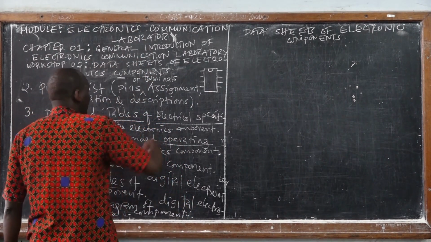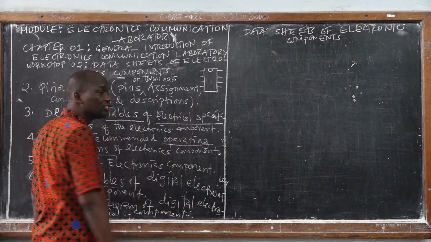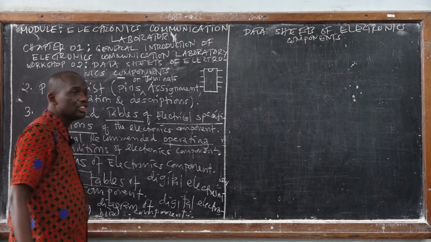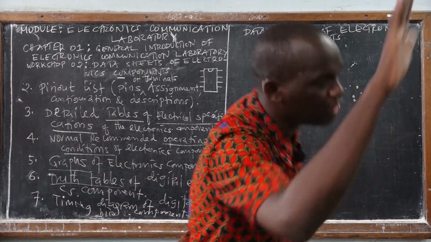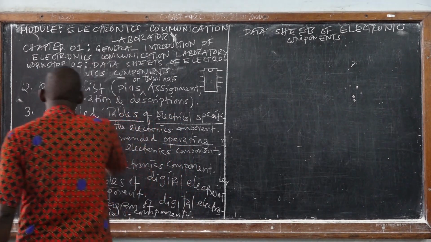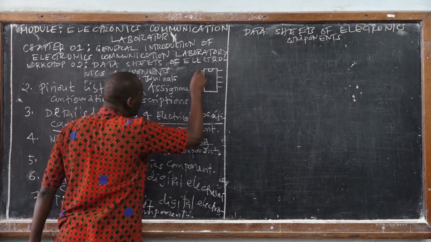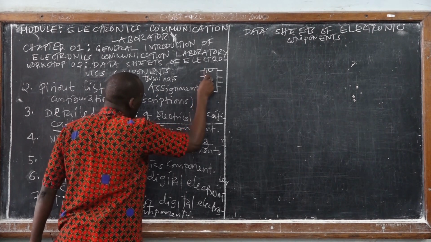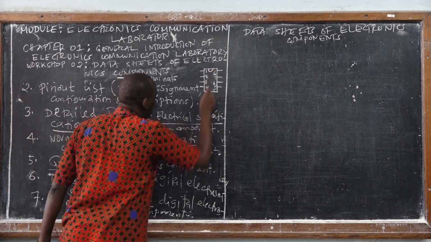So the first part will give you the features of this component and the function, what it can do. Then in the pin list, because this is the notch, you'll see this is pin number 1, number 2, number 3, number 4, number 5, number 6, number 7, number 8.